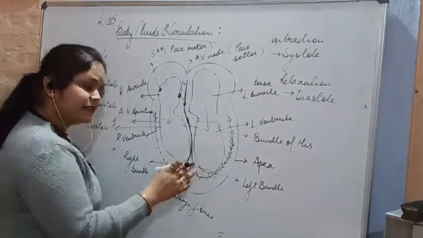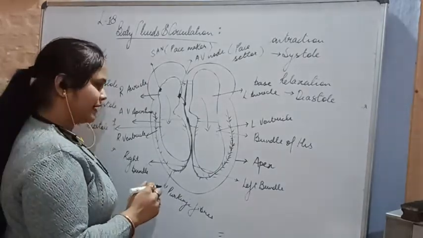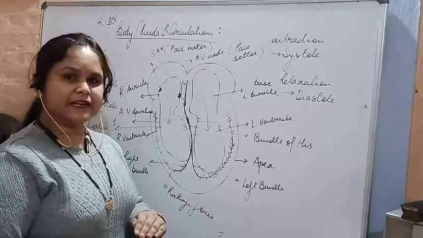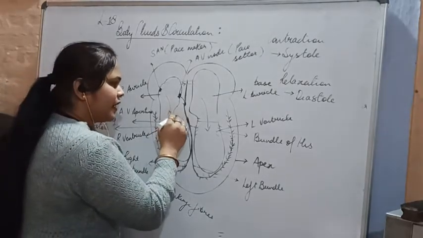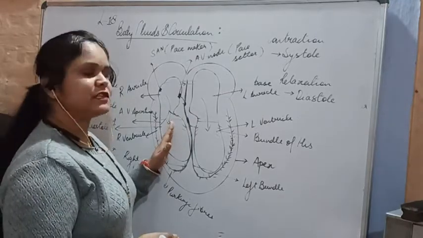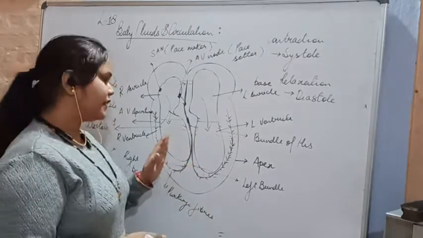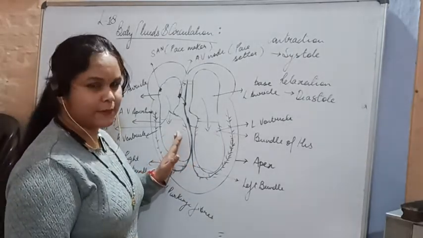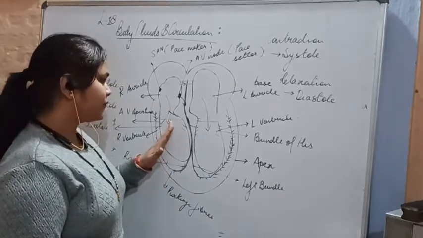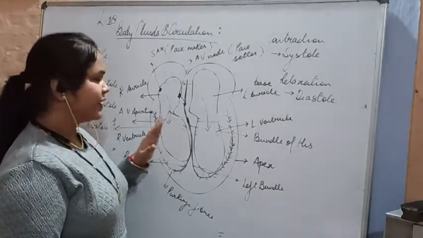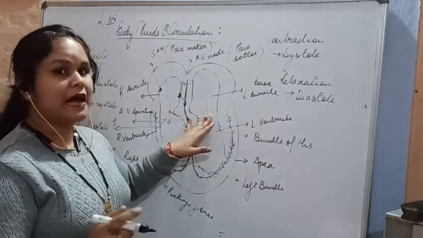So the ventricles are now going to contract. When the ventricles contract, it will make sure that the AV valves, the tricuspid valve and the bicuspid valve, are going to close.